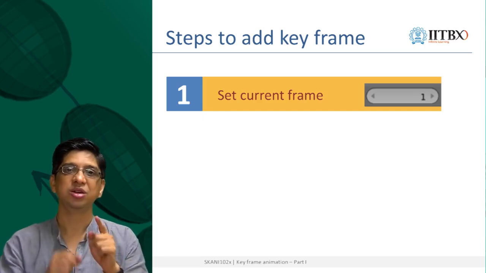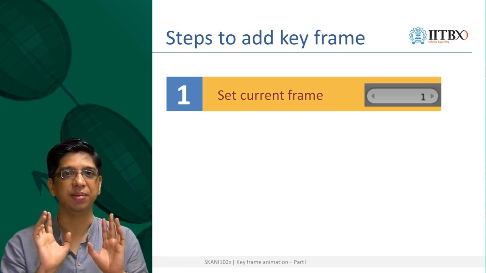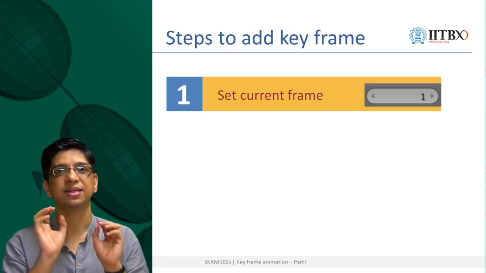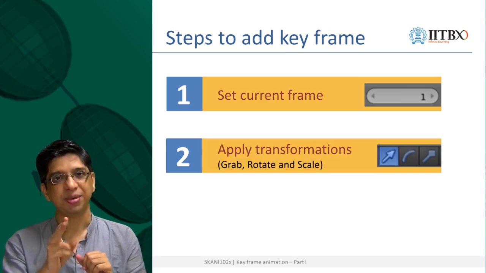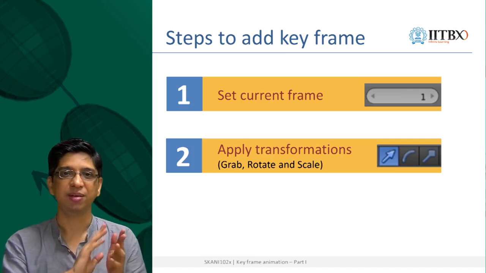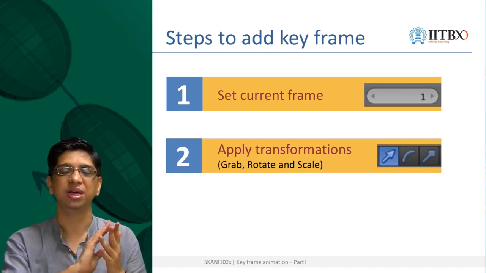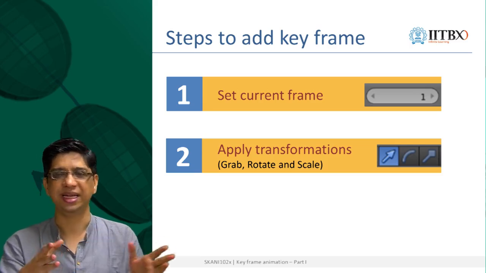When you do animation in Blender, there is a simple 3-step procedure. The first step is to go to the frame number where you want to create a keyframe, that we call set current frame. The second step is to apply whatever transformations you want to apply to the object. That can be in terms of position, it can be in terms of size, the angle of the object, anything.